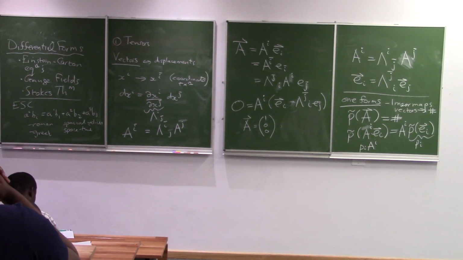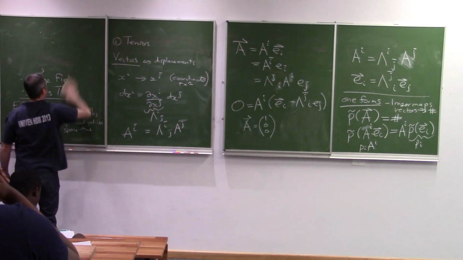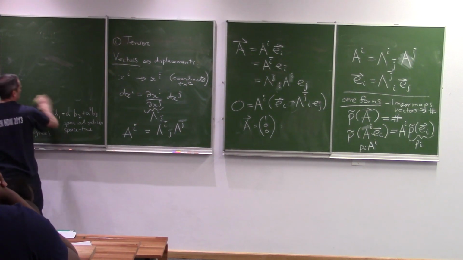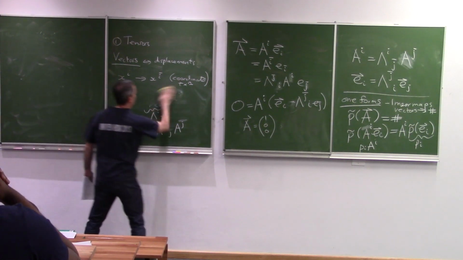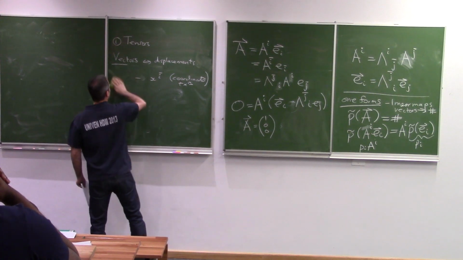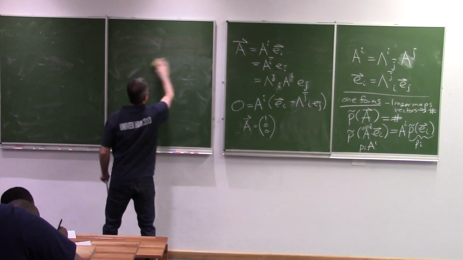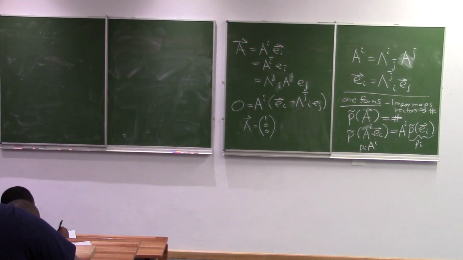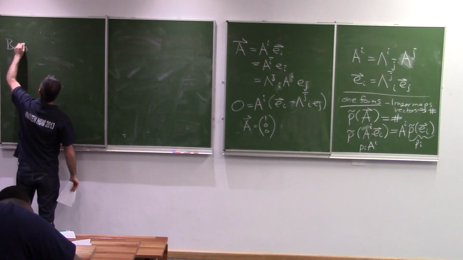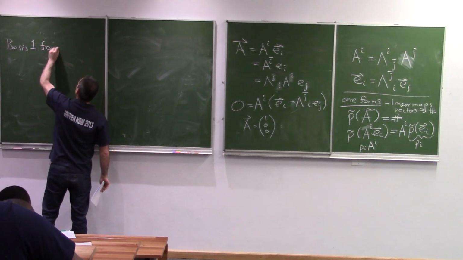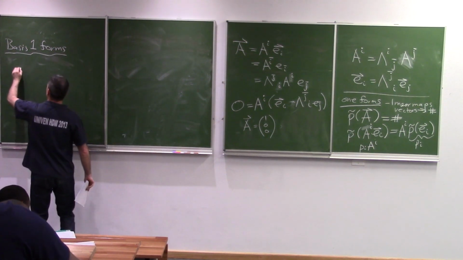So we've introduced, in a particular coordinate system, some basis vectors. And I'm also going to now define basis one forms, and I'm going to use some suggested notation for them. I'll write my basis one forms like this.